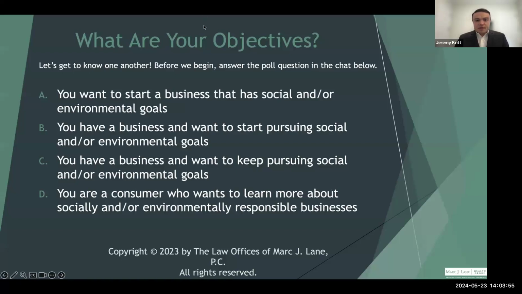So before we get into the content today, I want to start off with a little poll question to get to know each other. So you'll see 4 options here up on the screens. And once you choose an option, let me know what your objectives are for being here today. You either A, want to start a business that has social and or environmental goals.